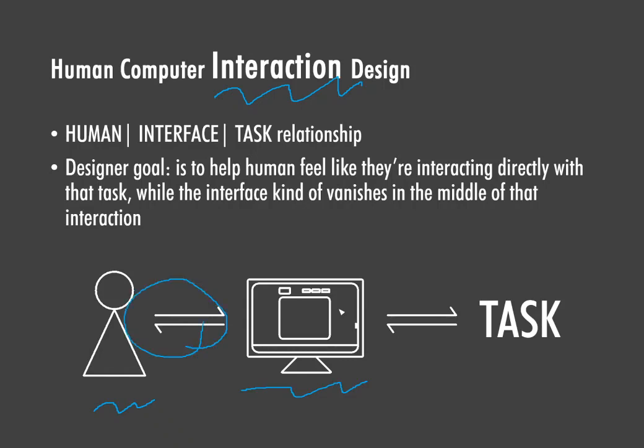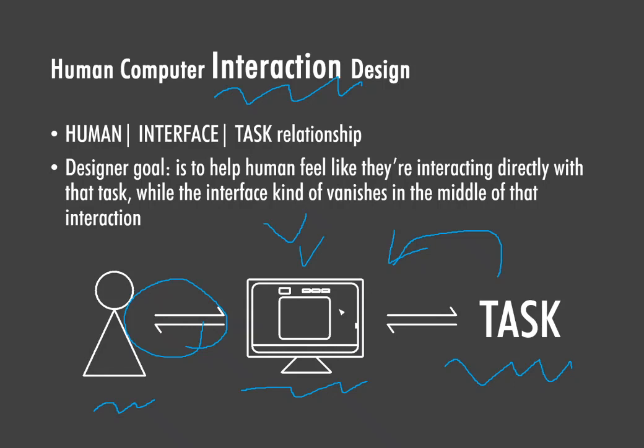But even though you are interacting with the computer interface or graphical user interface here, you are actually doing a task that you want to do through it. You actually want to send an email, buy shoes, shoot zombies, etc. You shouldn't forget that users, humans, people, we use computers to do a task through the interface here.